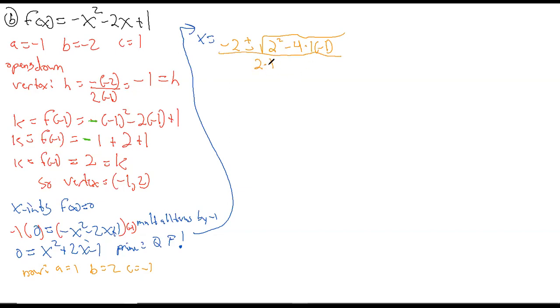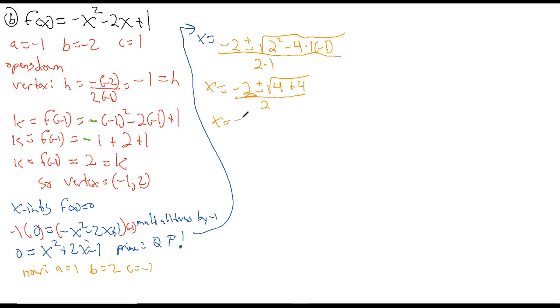Again, you really don't like that bottom being negative. So x equals negative 2 plus or minus the square root of 4 plus 4, yes, plus, negative, negative makes it a positive, all over 2.